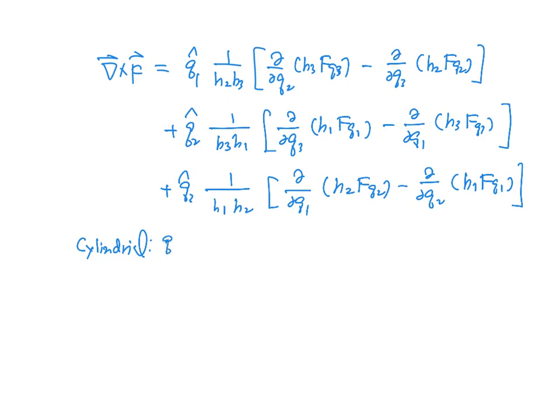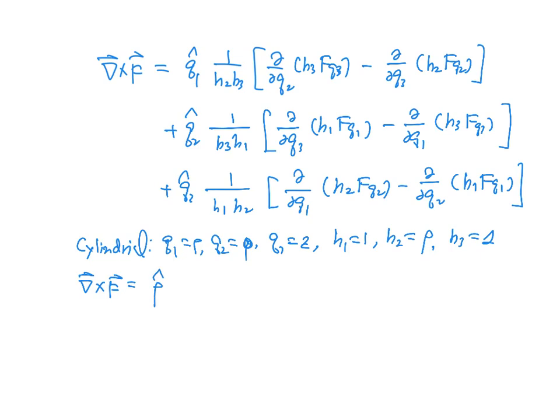Simple. Q1 is rho, Q2 is phi, Q3 is z. H1 is equal to 1, H2 is equal to rho, H3 equal to 1. So curl F, rho direction, H2, H3, rho, partial phi, right?